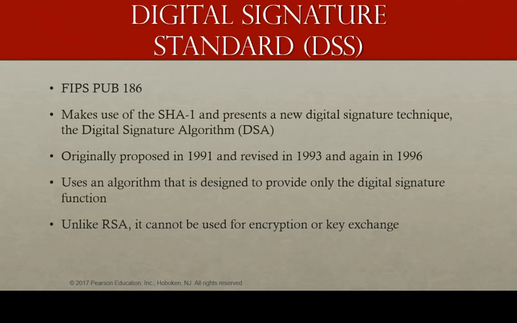The DSS makes use of SHA-1 and presents a new digital signature technique, the Digital Signature Algorithm, DSA. The DSS was originally proposed in 1991 and revised in 1993 in response to public feedback concerning the security of the scheme. There was a further minor revision in 1996.